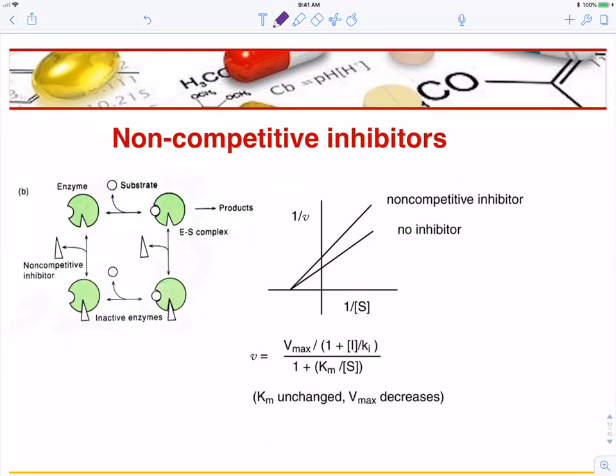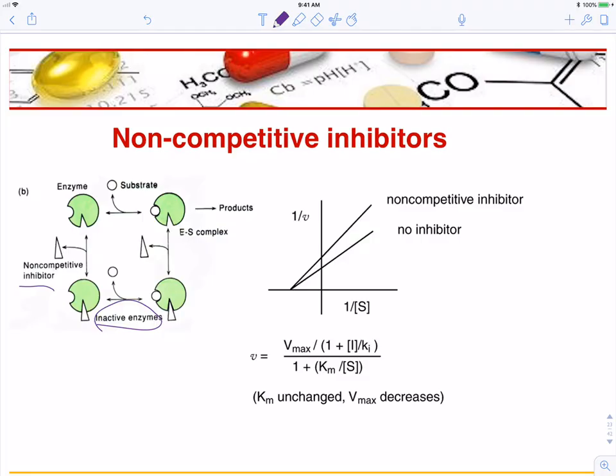We also have non-competitive inhibitors, which act at the allosteric regulation site. And so what happens here is that binding of the non-competitive inhibitor either prevents binding of the substrate to the enzyme or results in an inactive enzyme.